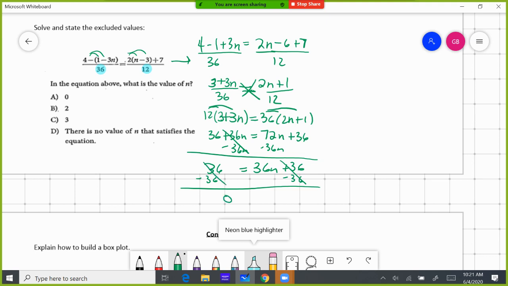So that leaves me with 0 is equal to 36n. So if I divide by 36, n is also equal to 0. So all that works so we can see that n is equal to 0. Questions on this one?